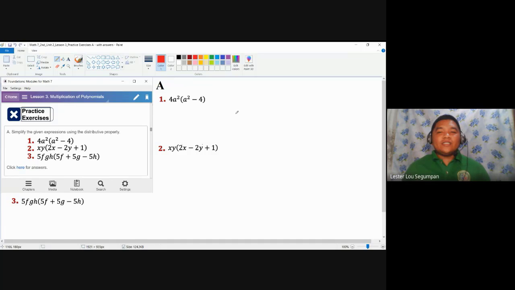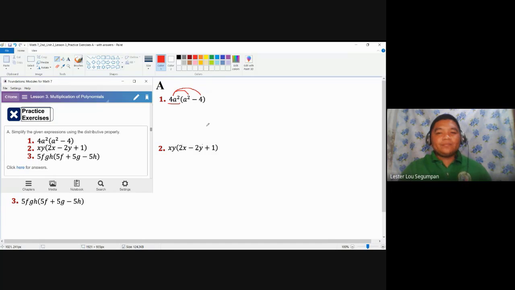So we are going to use the same concept, but we are not only going to distribute the sign, we are going to distribute the whole. By distribution, we distribute the whole to each of the terms here, not just the first, not just the second, but all of the terms will be multiplied by 4a squared.